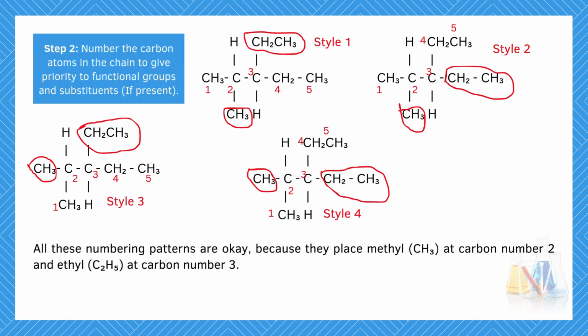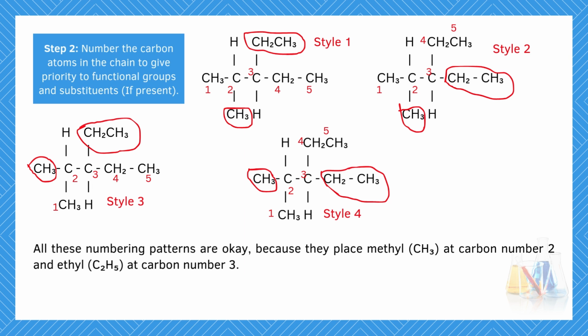Step number 2, number the carbon atoms in the chain to give priority to functional groups and substituents, if present. Now look at this. All these numbering patterns are okay because they place methyl, which is CH3, at carbon number 2 and ethyl, which is C2H5, at carbon number 3.